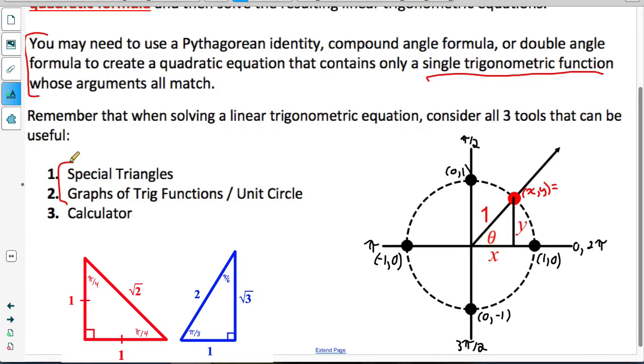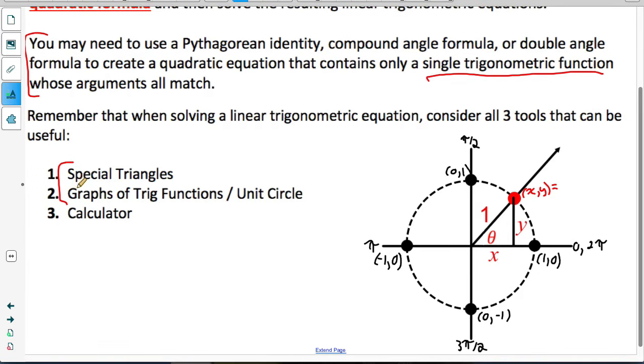If we're not able to use special triangles or the unit circle to get exact values for the angle, then you'll have to use your calculator to get an approximate value. We always prefer exact values if possible, and I'll clarify what I'm talking about in these two scenarios as we do a few examples.